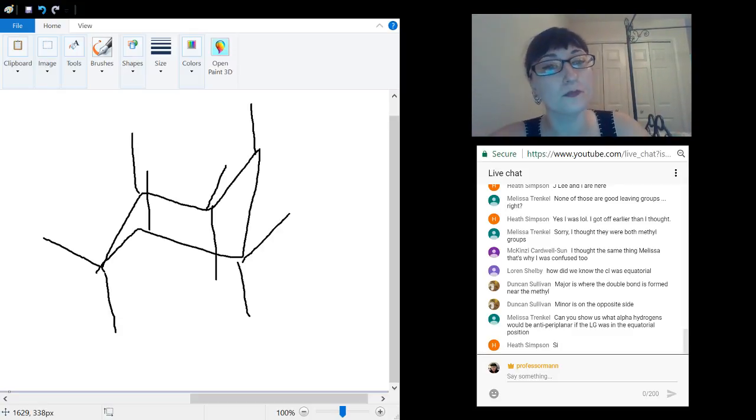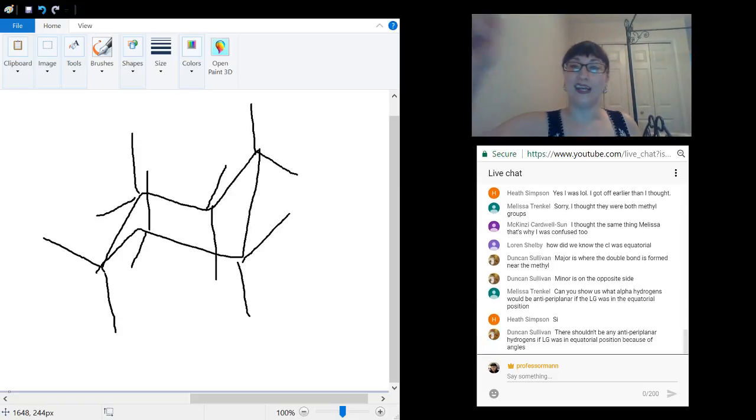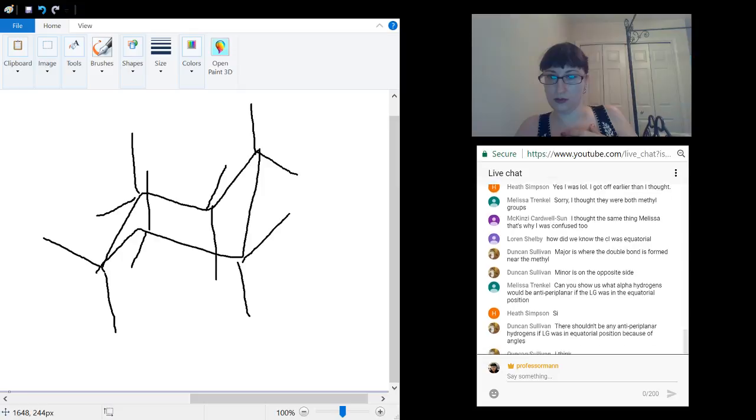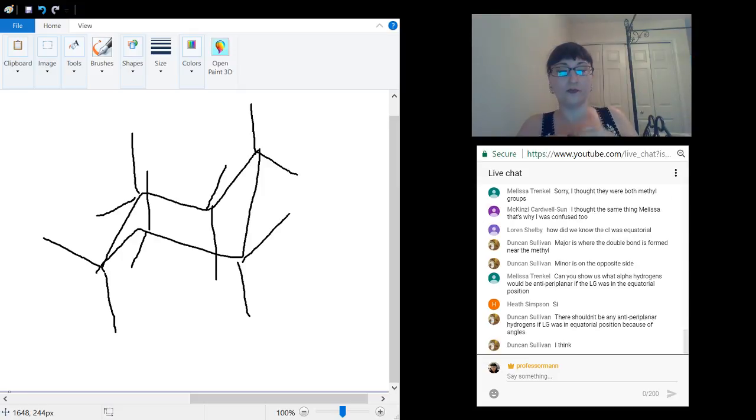The ones going straight up also have another group on them that's equatorial, pointing down. So every single carbon on a cyclohexane has something coming up and something going down, but it's the angle at which they're doing that.